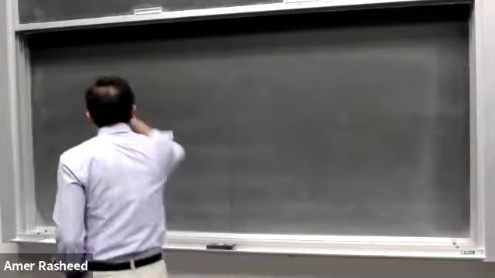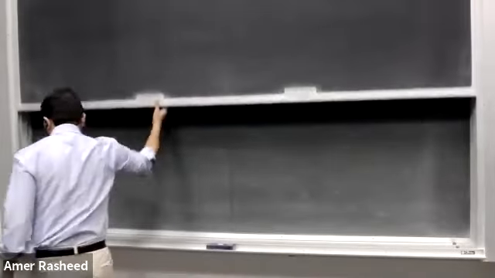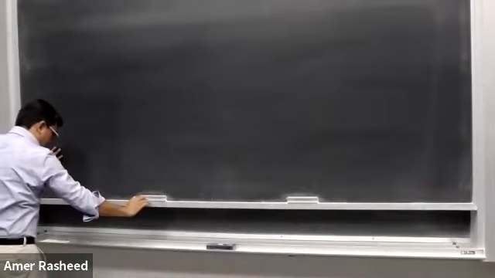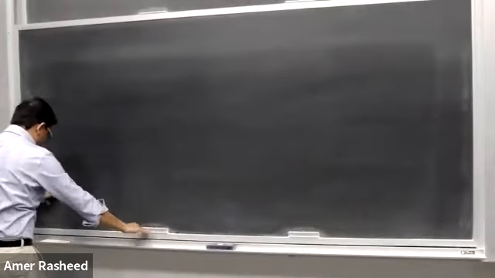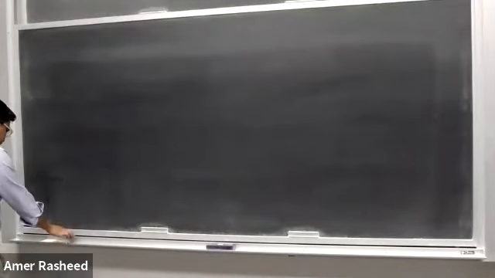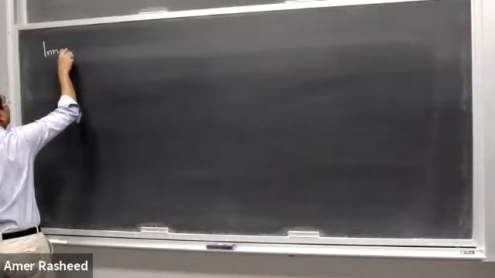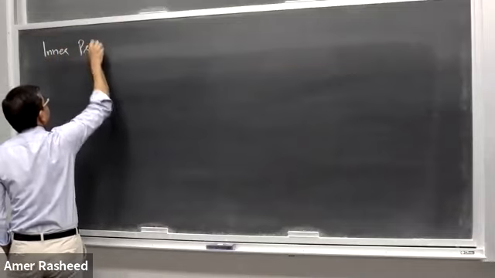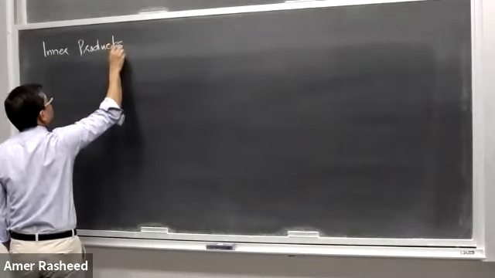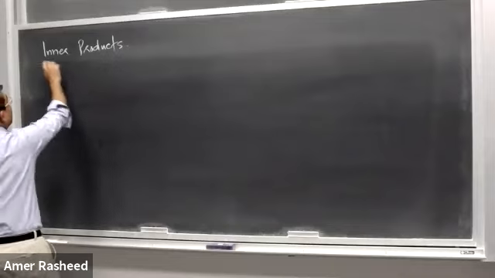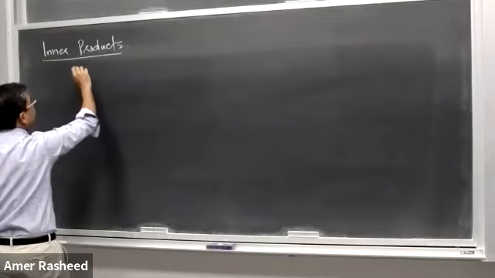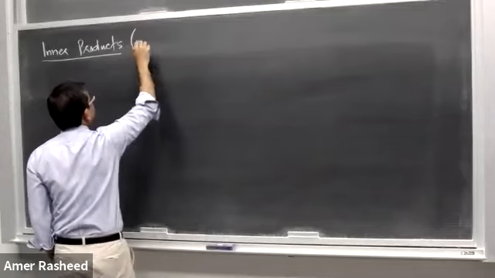So inner products, we were discussing what inner products are. Inner products are basically a generalization of the dot product in R2 and R3. Inner products are defined for elements in Rn.